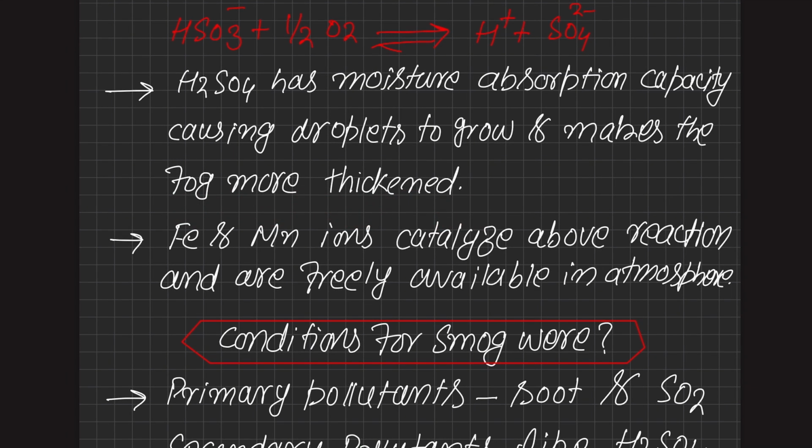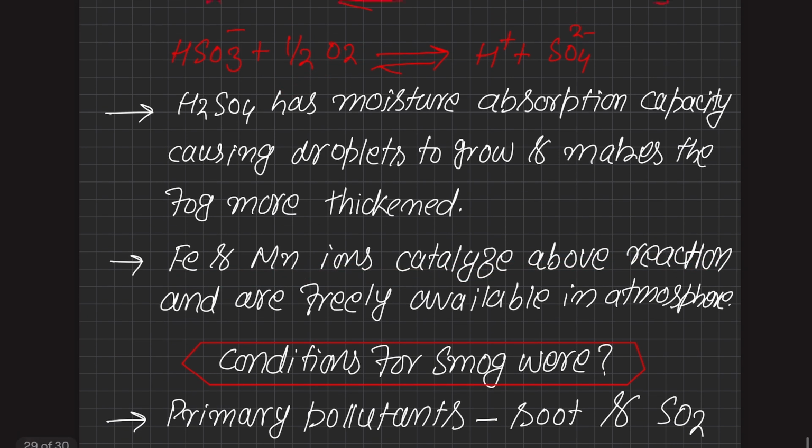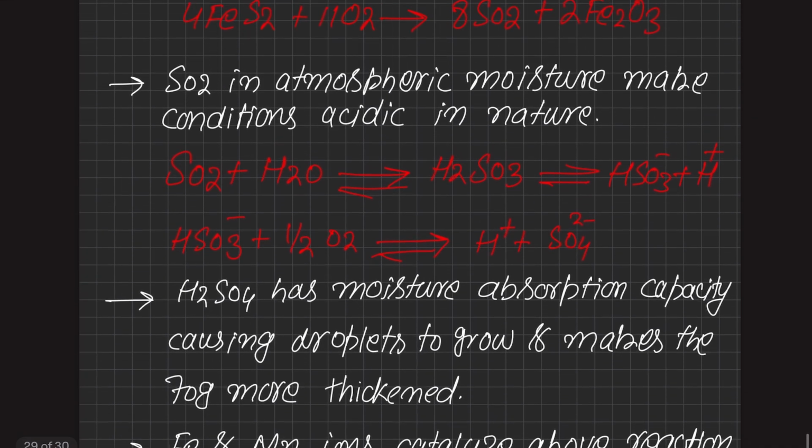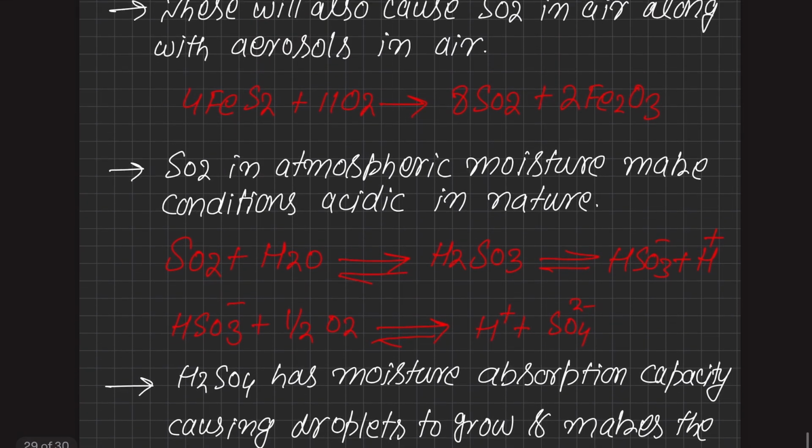On the surface of the bigger fog particles there will be more absorption of gases and toxic substances, which on the surface of the bigger droplets will further undergo reactions to form secondary products, and thus will aggravate the already existing bad conditions. Iron and manganese ions catalyze the conversion of sulfurous acid into sulfuric acid. So in this way the situation becomes worse.